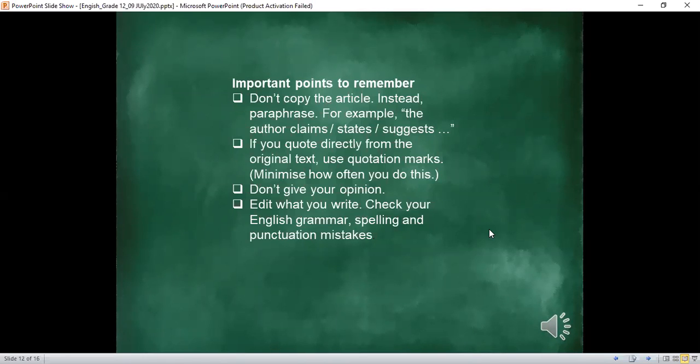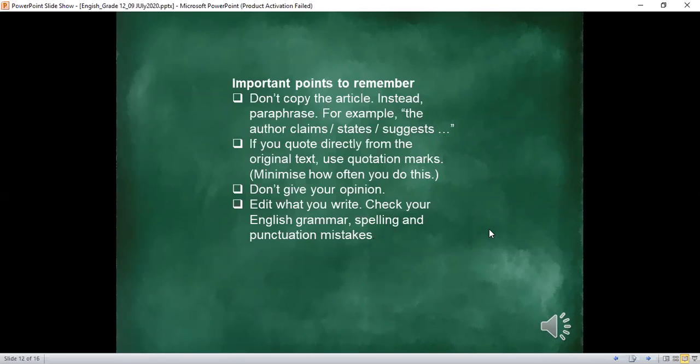And also, unless it's necessary, I don't really advise it. Unless you see that this will actually paint the picture better. But try as far as possible to avoid quoting directly.